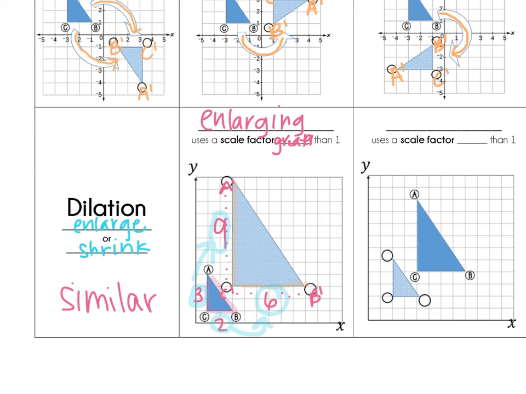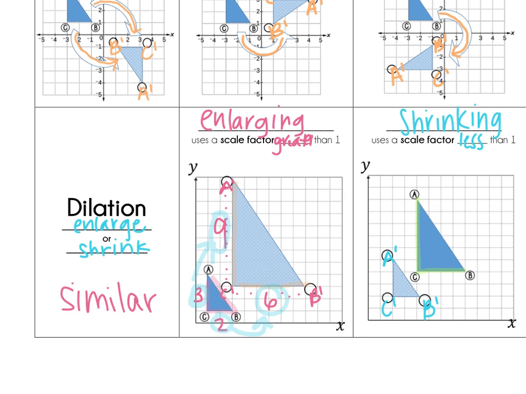The other type of dilation is shrinking. Shrinking uses a scale factor that is less than 1. You use the same notation with naming your new image. We have A prime, B prime, and C prime. I'm going to count my side lengths.